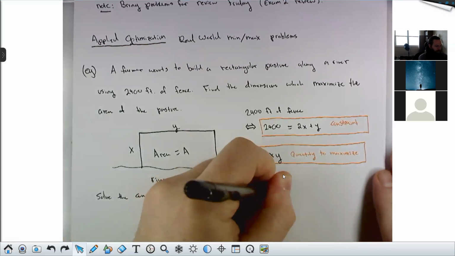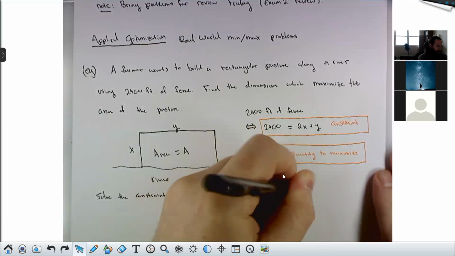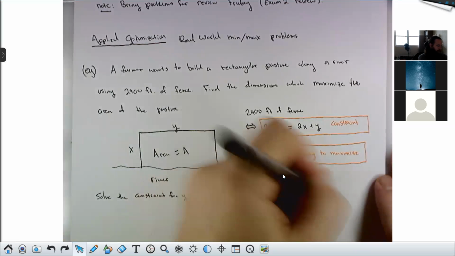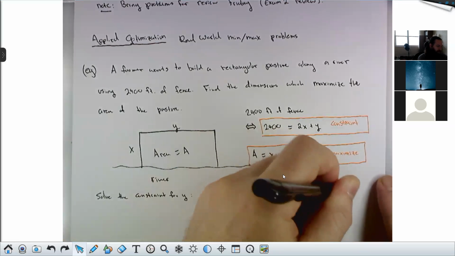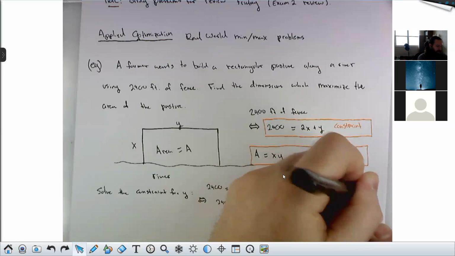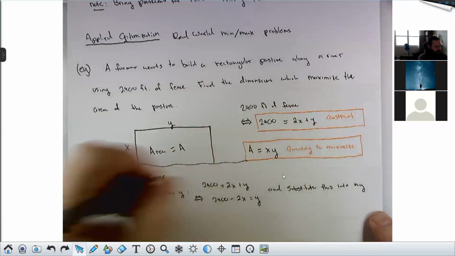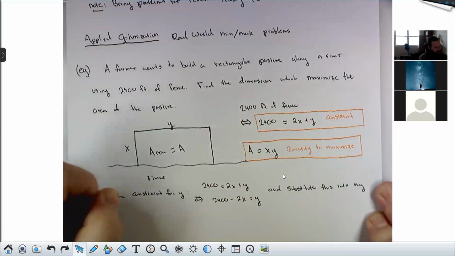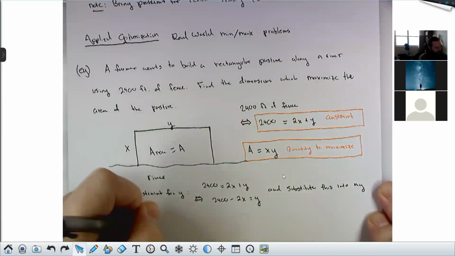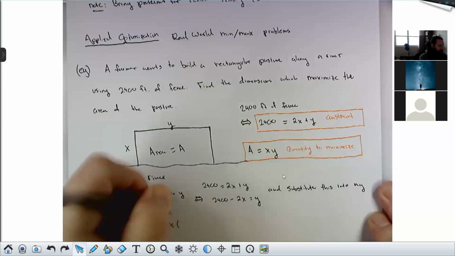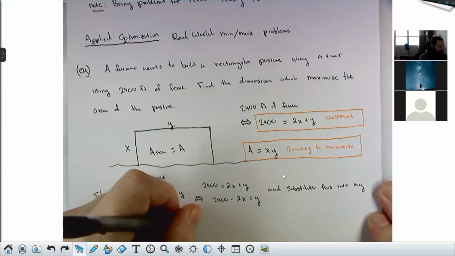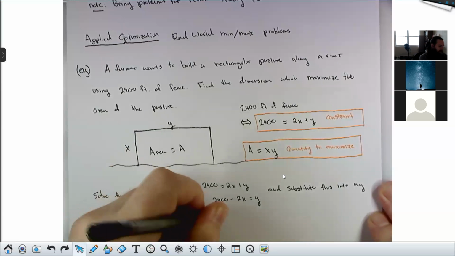And now I'll substitute this into my area function. So that area function is A equals X times Y. That's X times 2400 minus 2X.